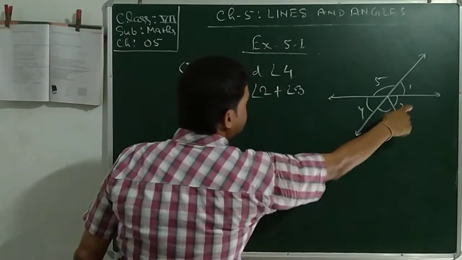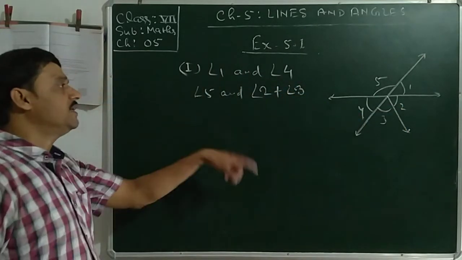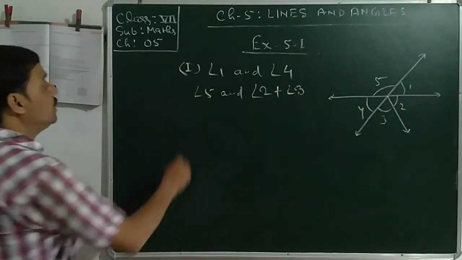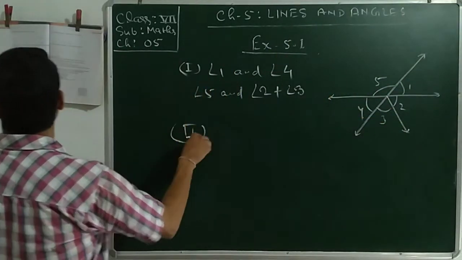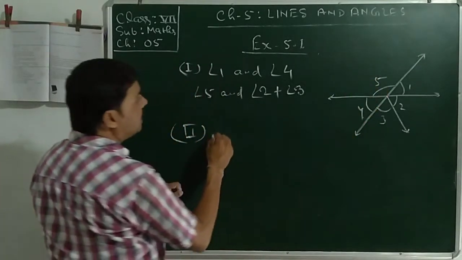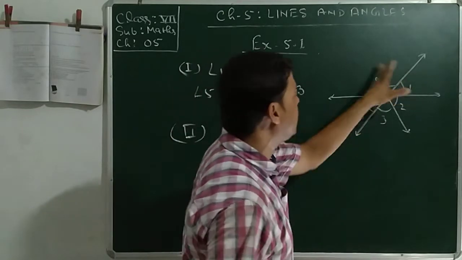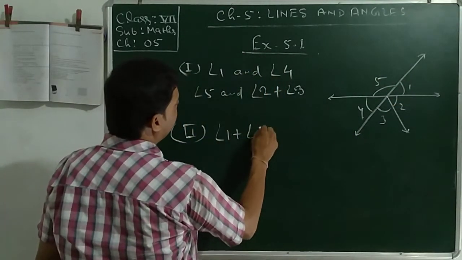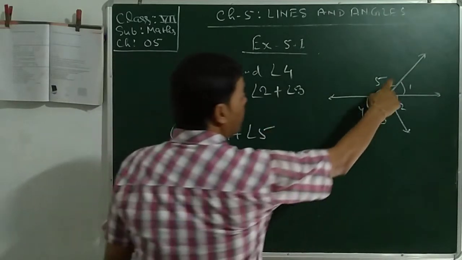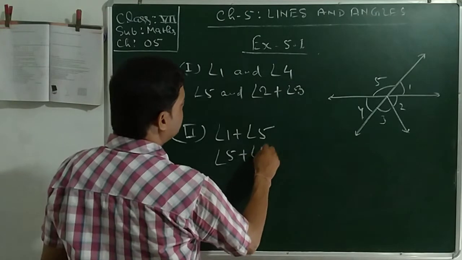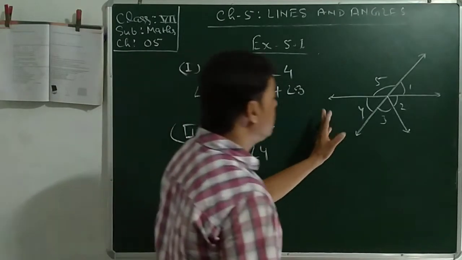If you take the sum of these two angles, that is the vertically opposite angle of angle 5.